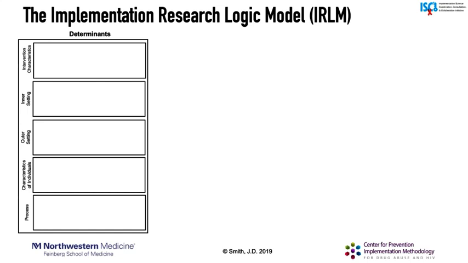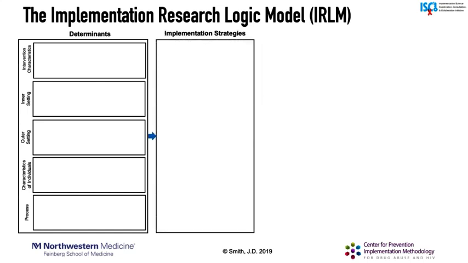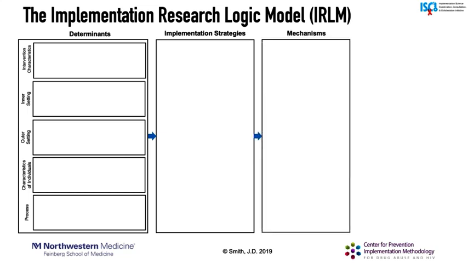Moving into the pipeline, further right, we then have our implementation strategies. Our strategies are often influenced by the determinants and the barriers and facilitators that exist within the context. We then have the mechanisms where, going back to the generalized theory of the implementation research logic model, we expect that the strategies act through specific mechanisms to influence behavior at the system or organizational level or individuals within those systems.